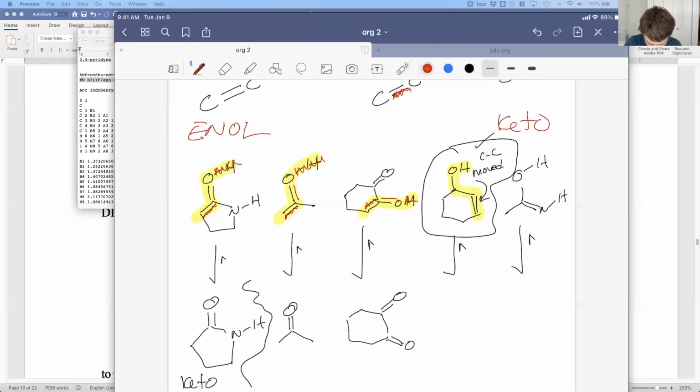It would have to be over here, but it's not drawn that way. So there's no keto form here because we didn't start with an enol. We actually started with a different alcohol called an allyl alcohol, which I'll just say those words because that'll be the topic that we talk about at the beginning of the next module. Anyway, it's not an enol.